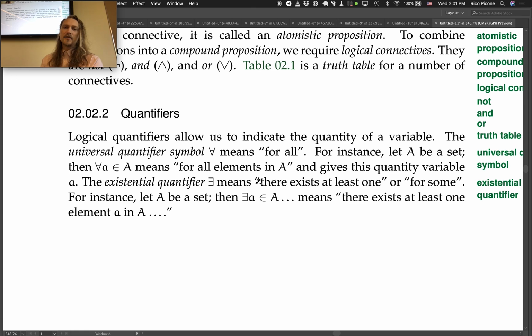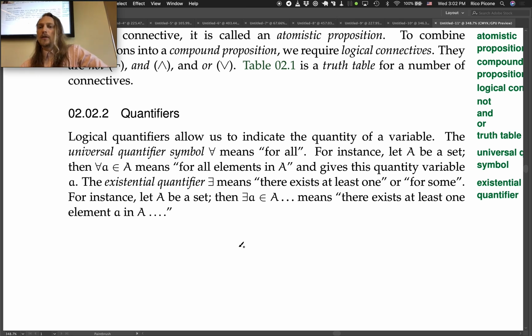The existential quantifier, it's the backwards E, means there exists at least one, or for some. Okay? So for instance, let A be a set. Then there exists a in A means there exists at least one element a in the set A. Okay.